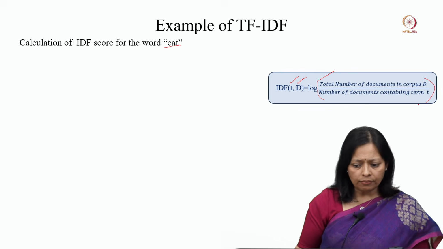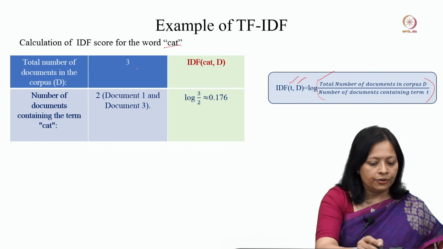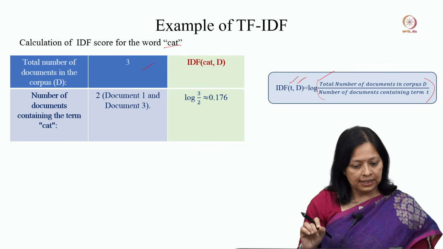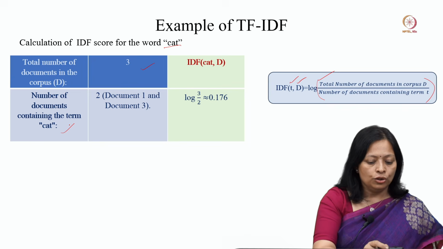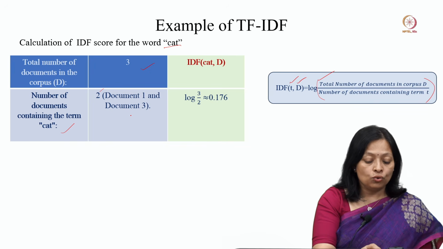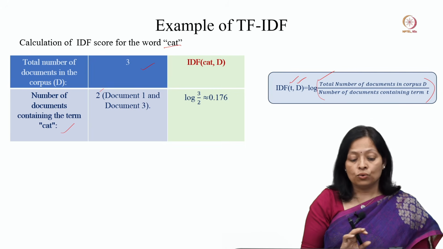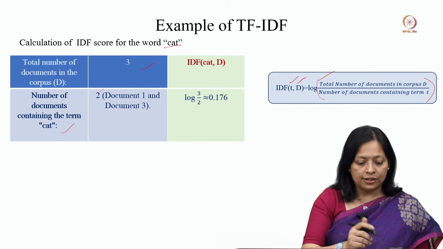Now, the total number of documents in the corpus, capital D, is 3. The number of documents containing the term cat is 2, because, as we saw in the previous slide, document 1 and document 3 have the term cat. Document 2 did not have it. So, the number of documents containing the term cat is 2.